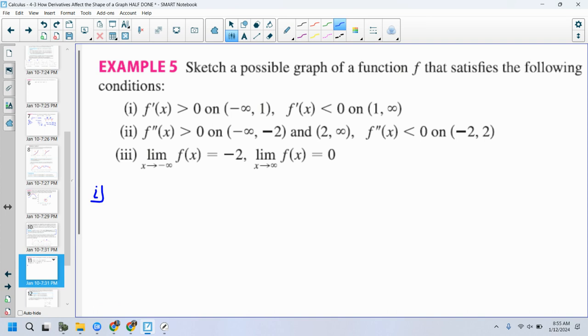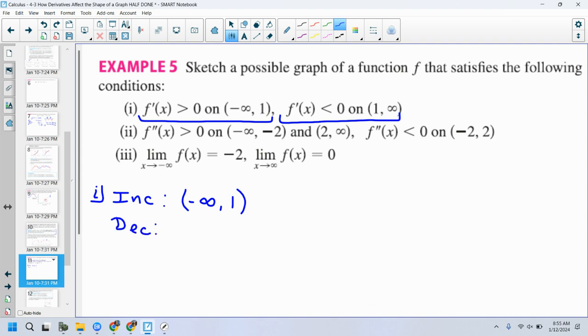If the derivative is positive, what's that telling me about the original? The original function is increasing. It's going up from -infinity to 1. The derivative is negative, so it's going to decrease on the interval 1 to infinity.